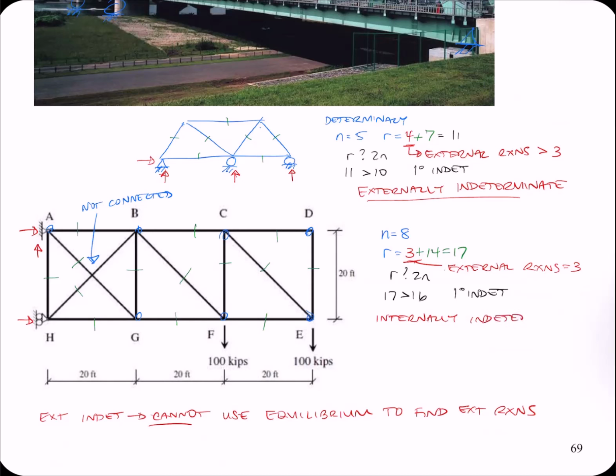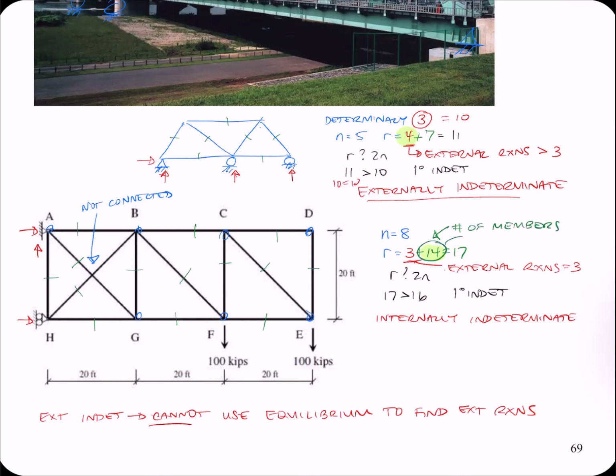indeterminate. And what that means is, instead of where we have the external where I can drop this number to a 3 by taking off a support and getting that to equal 10, and thus having 10 equal to 10 for being determinate, I'm going to have to adjust the other number that's part of my R, which is my number of members.